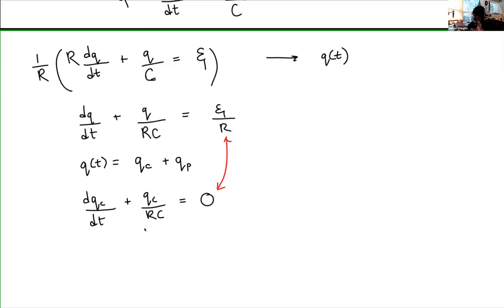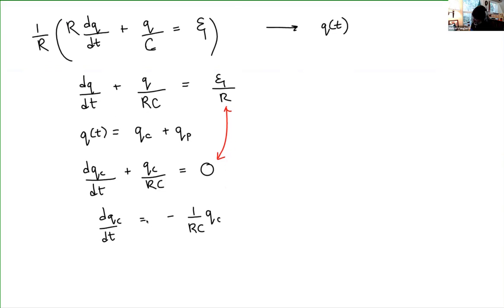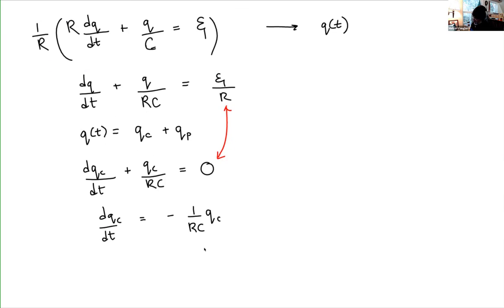So when we take this equation and solve it, assuming that constant is 0, this is called the complementary equation, and we can solve this complementary equation. So what I'm going to do from this step is separate my time term from my charge term. So I just put the charge term on the other side, separating the two.